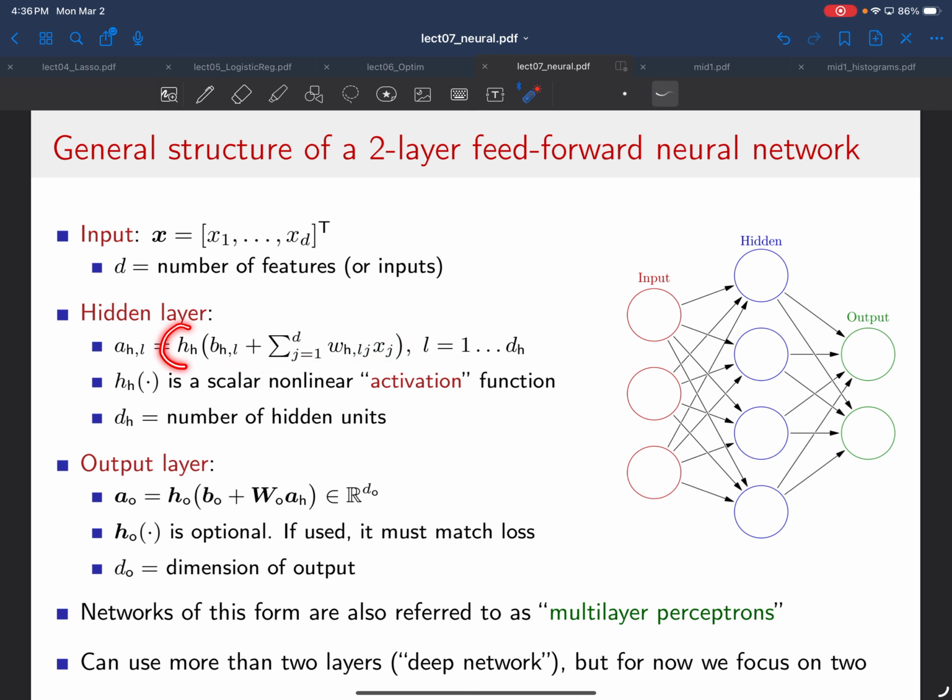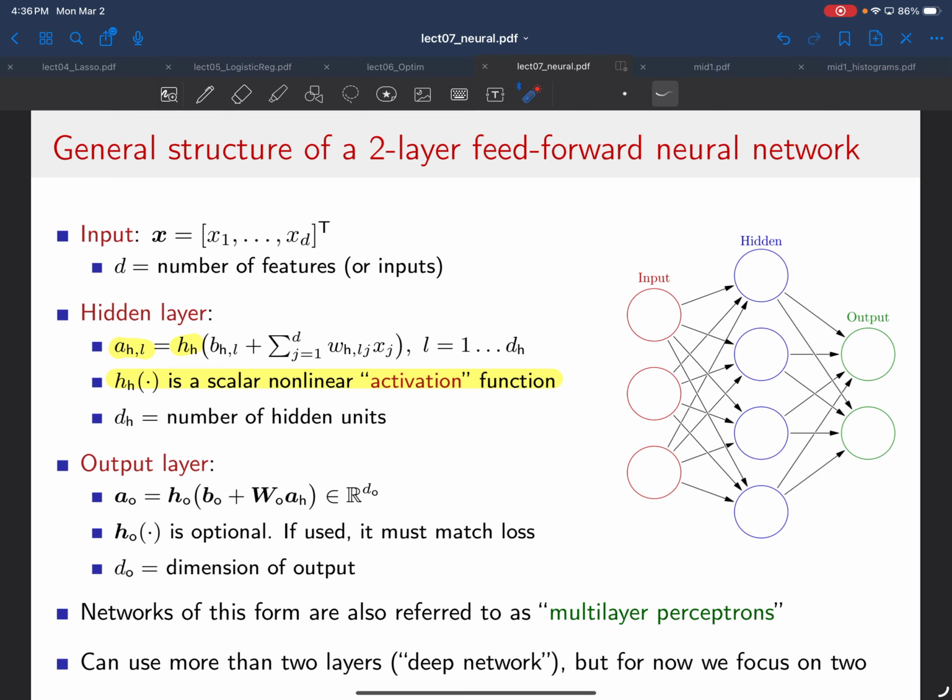Then this goes through a scalar nonlinearity to give us what we call the activation. So A is the activation, and the function H that computes it is called the activation function. And there are D_H of these units, the number of hidden units. This is something that we have to choose.